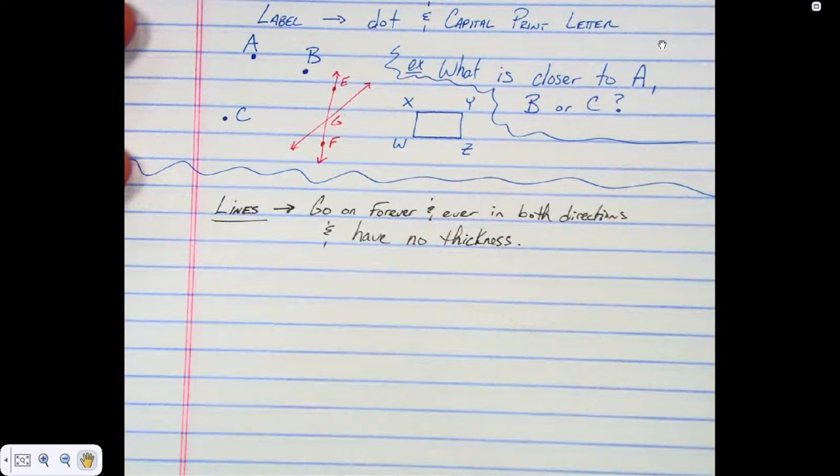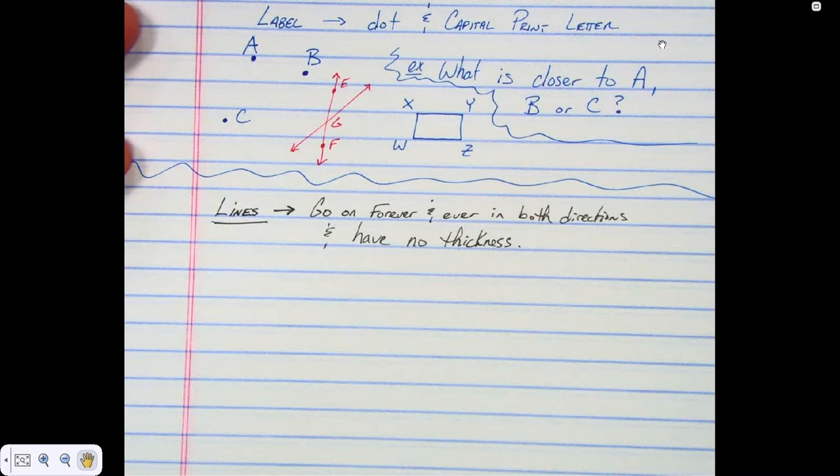Say, well, when I draw the line, there's a little bit of thickness there. Well, we have to draw it somehow, right? But in essence, it's represented to have no thickness.